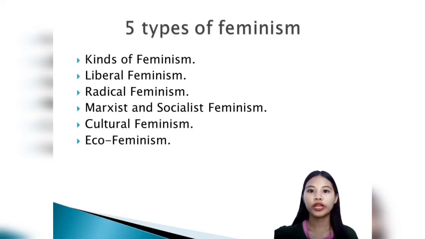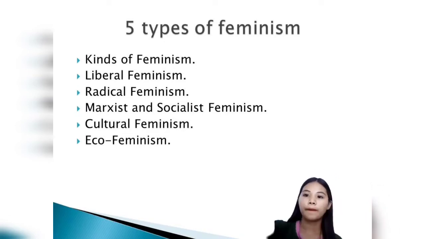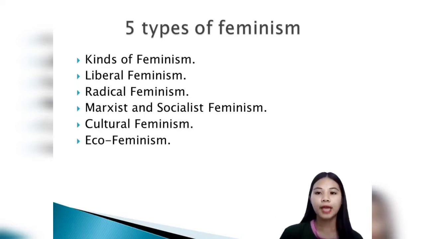Second is radical feminism. It is a theoretical and political perspective that focuses on the domination of women by men. The example is expanding reproductive rights. This is the example of radical feminism. The third is Marxist feminism.